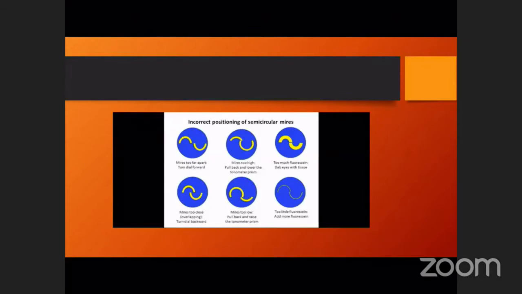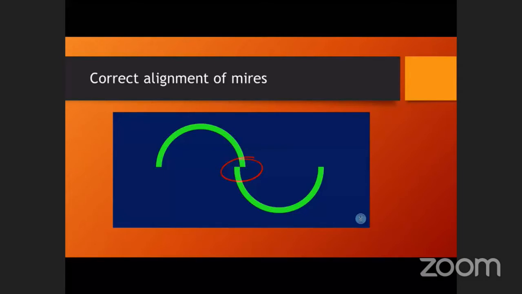These are the incorrect positions, and to make it correct, we have to either move the joystick up or down, left or right, or move the pressure measuring knob forward or back, so as to align it correctly as in this picture.